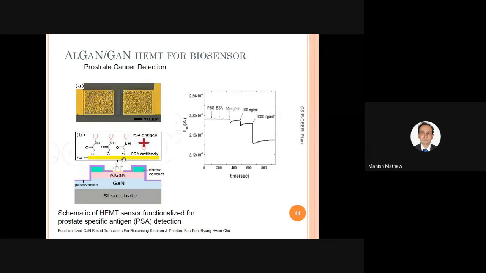Now here we have a bare surface, and over that we put a PSA antibody, and then we put an antigen from a person's blood or something like that. Then we pass a current and see what happens over time. Accordingly, we can determine whether the person has cancer or not.